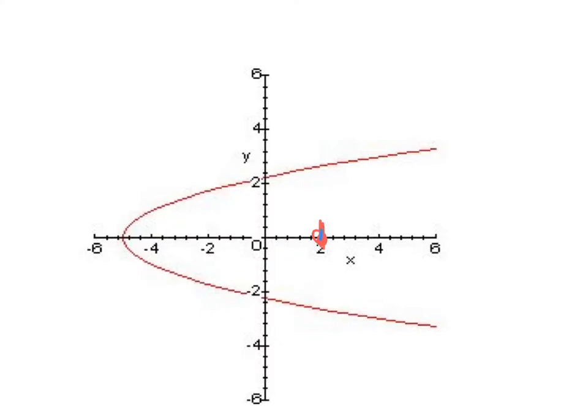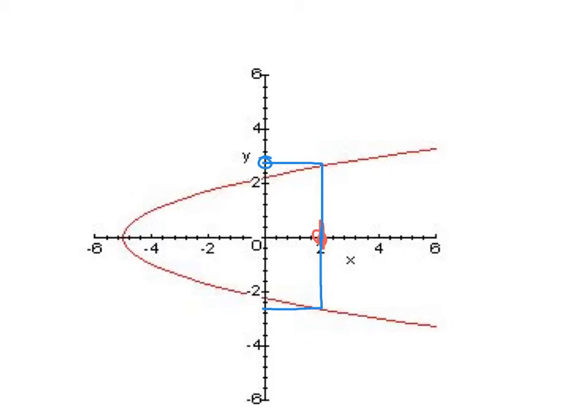That means if x is equal to 2, we go to the graph and it says there is one possible value of y that corresponds to x equals 2. However, if we go down to the other part of the graph, there's also another y value with which x equals 2 is being paired. And that also is a violation of the definition because x equals 2 is paired to more than one value of y.